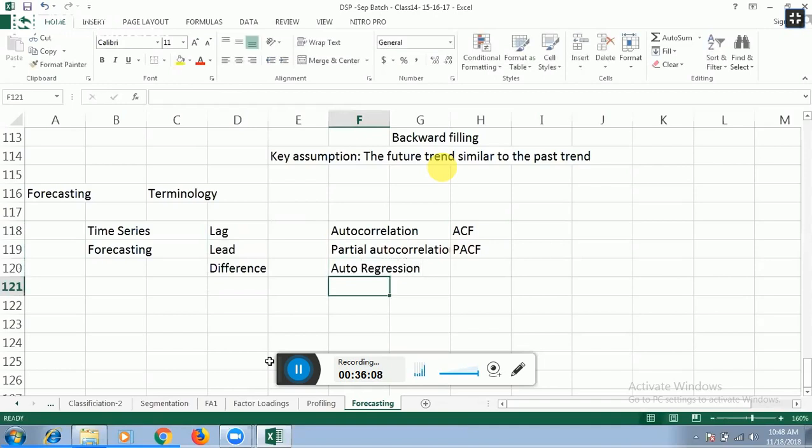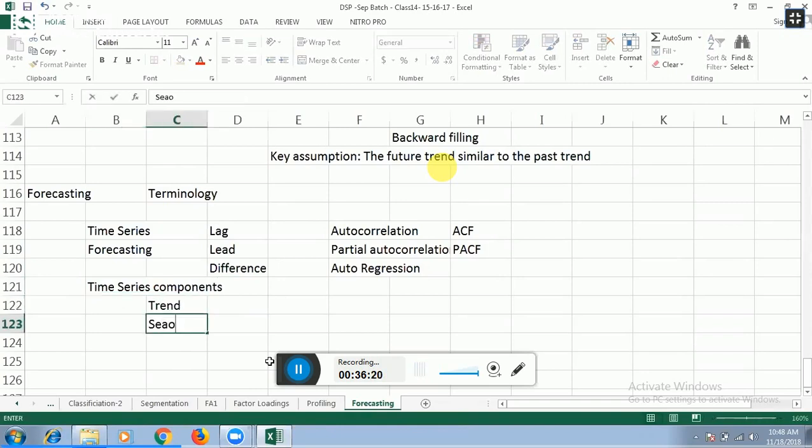We also have time series components: trend, seasonality, cyclicality, or the irregular component.